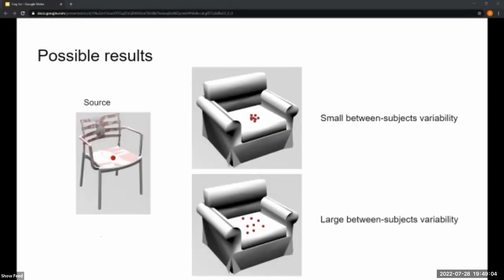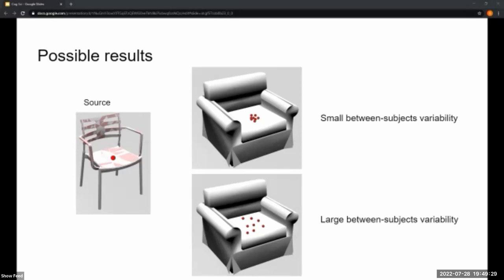And we have a few possible results. We have the source image and the parts marked here, and we might have these red dots on the right-hand side from all the participants. Each dot corresponds to one participant's response, and if they are clustered very closely, we will say it's a small between-subjects variability.